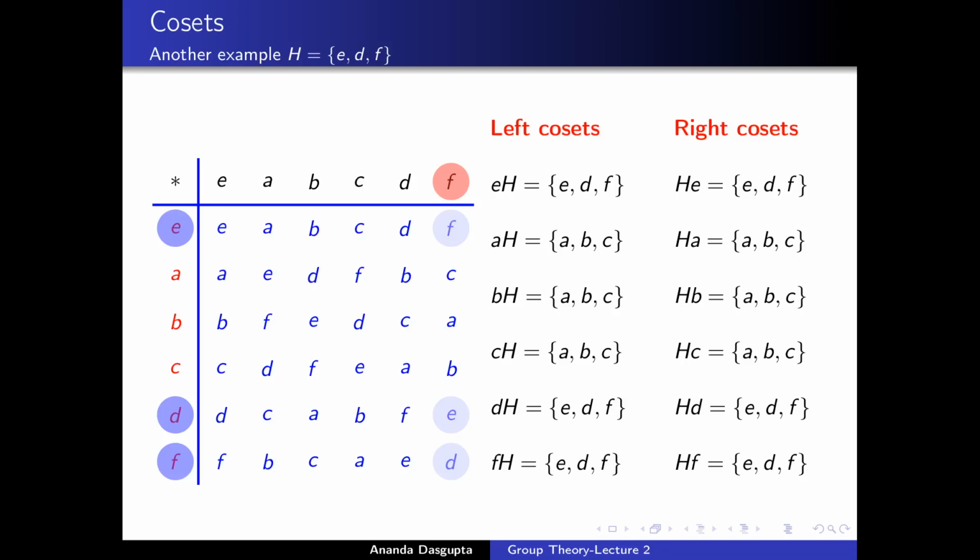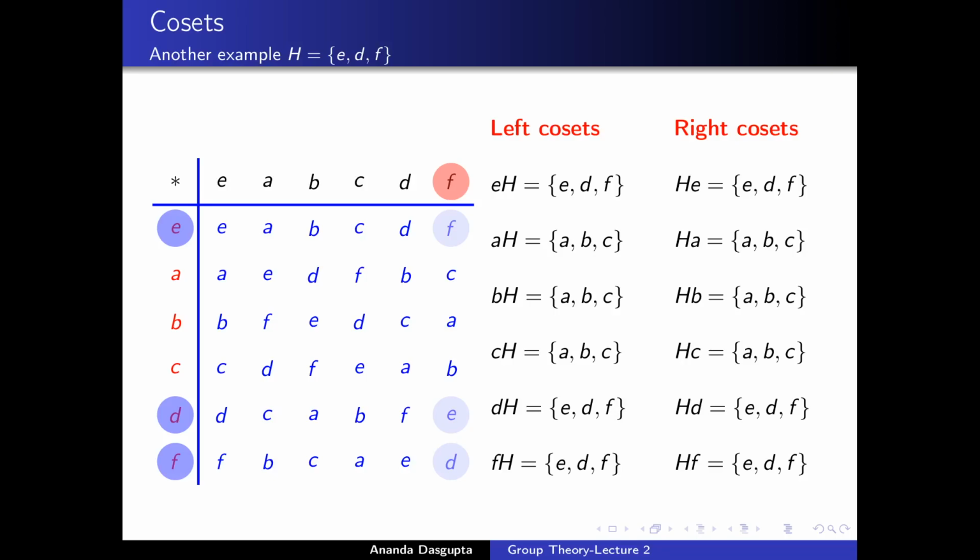In the two examples that we have seen so far, cosets of the subgroup EA and cosets of the subgroup EDF, the common feature was the cosets were mutually disjoint or identical, and if you took the union, you would end up with the set underlying the group in both cases. Now, of course, this is not an accident. And the deeper thing that is at work here, as in the case of all partitions of sets, is that there is an equivalence relation underlying this whole thing.